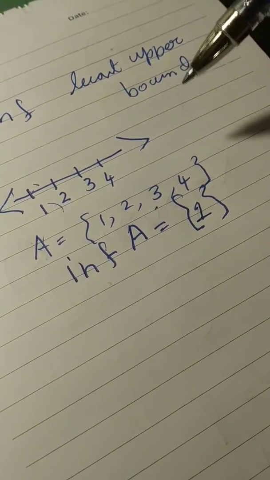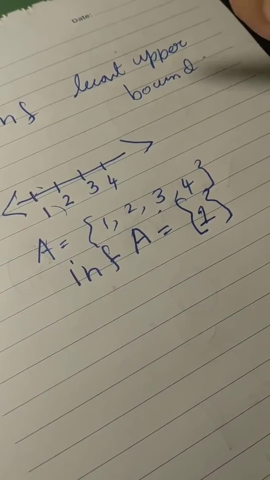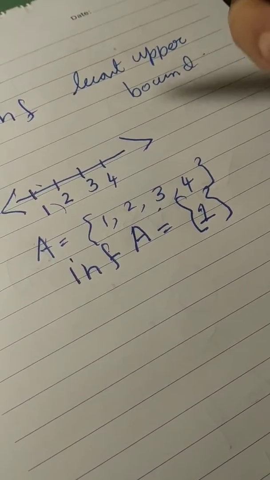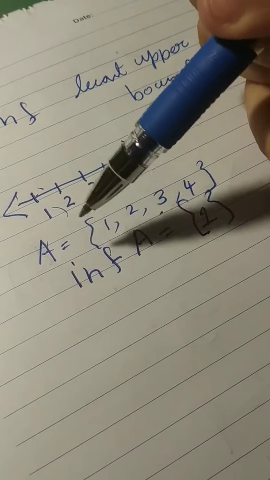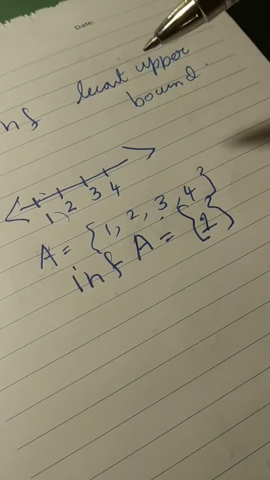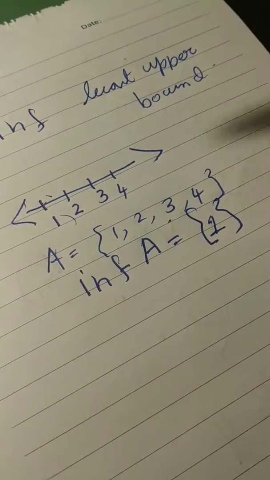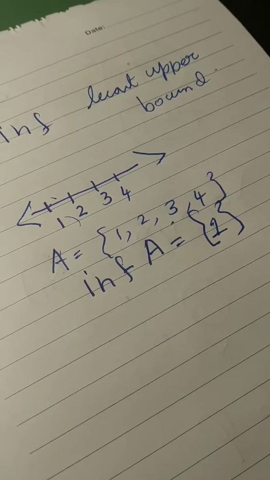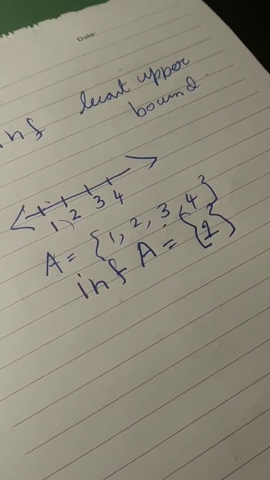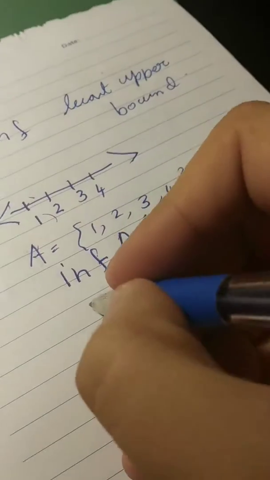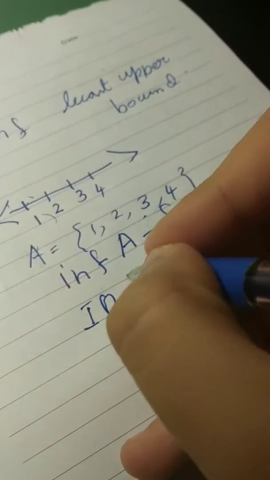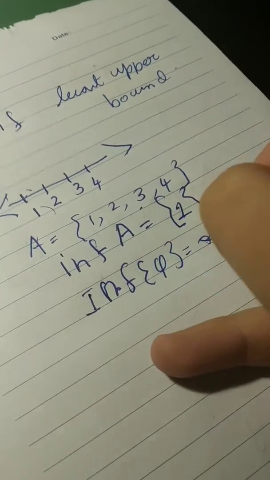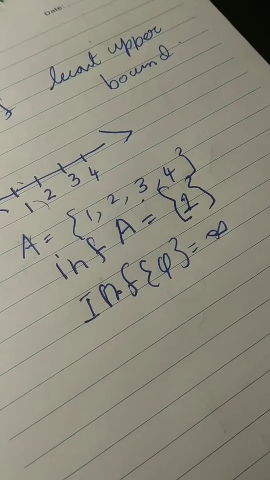Which is the smallest upper bound we have? 1 is an upper bound, and 2, 3, 4 are also upper bounds, but the smallest upper bound is 1. Okay, and I will give you one more example: the infimum of the empty set is equal to infinity. Okay, I think you will get it.